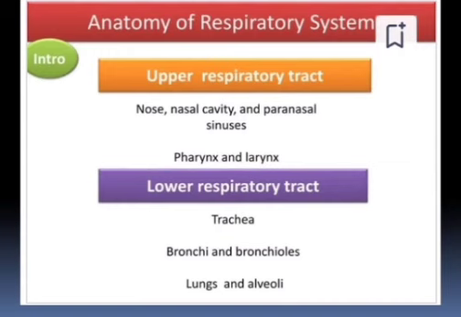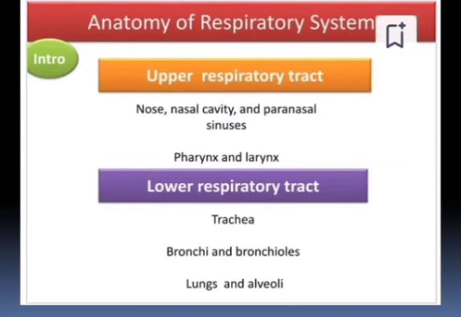The upper respiratory tract is made up of structures like the nose, the nasal cavity, the pharynx, the larynx, and others. I will give you the full components of the structures forming the upper respiratory tract.